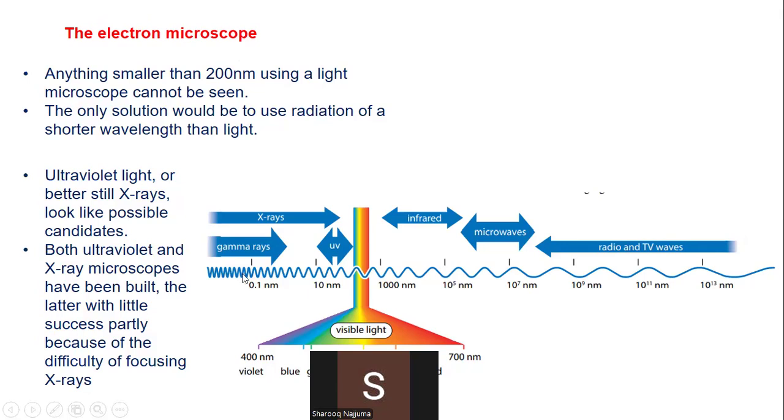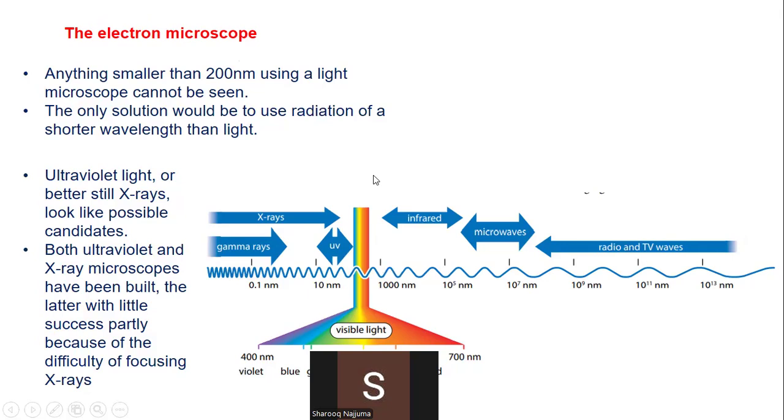If you look at this electromagnetic spectrum, we have radiation. This is visible light, which had a limit on the resolution. And then we have these radiations this side and radiations this other side.